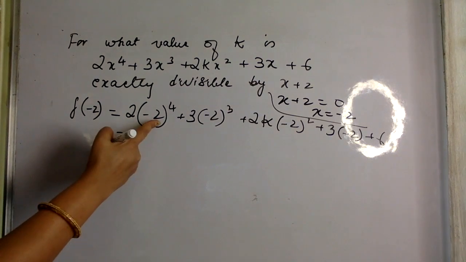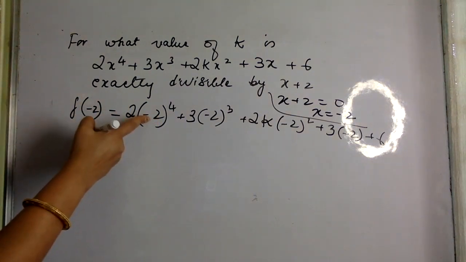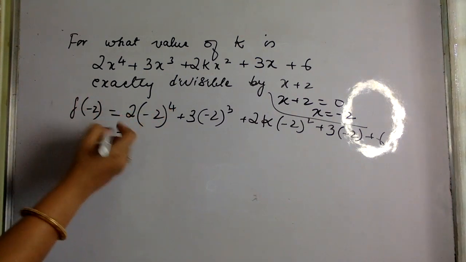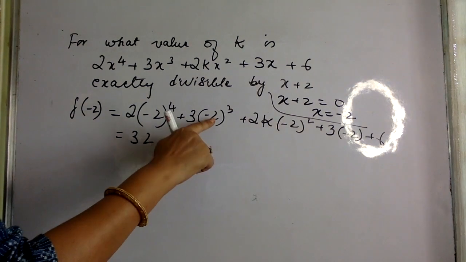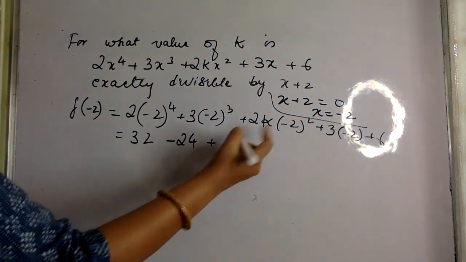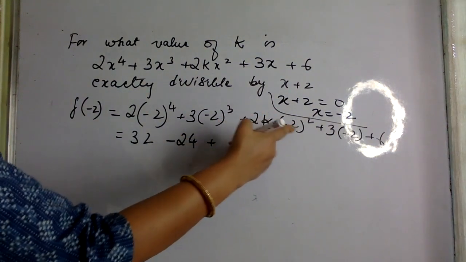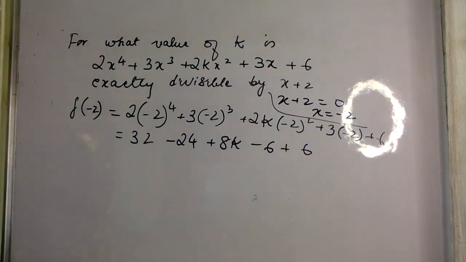So here it is 4 into 4, 16, 16 into 2, and this anyways becomes positive because of the even power, 32. So I have 32 minus, this is 8 and into 3, 24 plus this is 4 into 2, 8, 8k minus 6 plus 6.